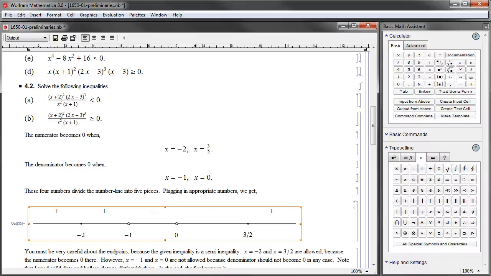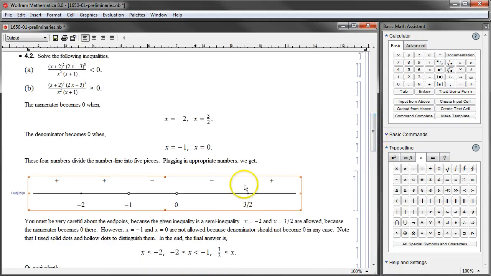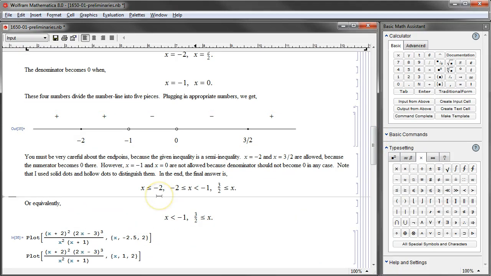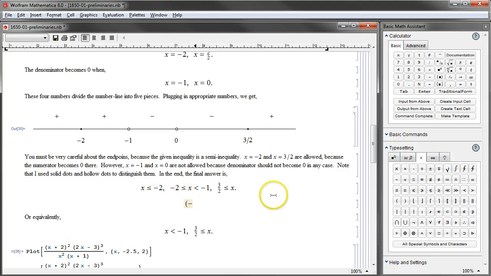And then finding the intervals in which we have greater than or equal to 0, we get -infinity to -2, and then -2 to -1, and -1 should not be included because it's coming from the denominator. We talked about that.